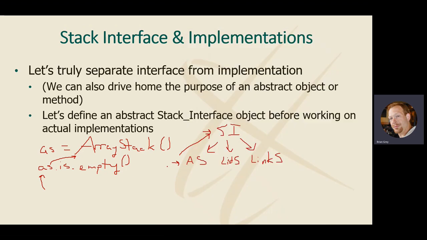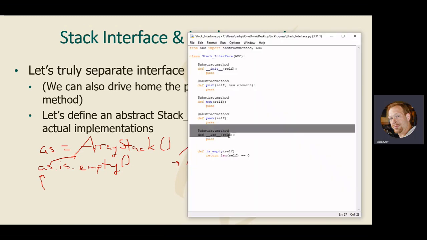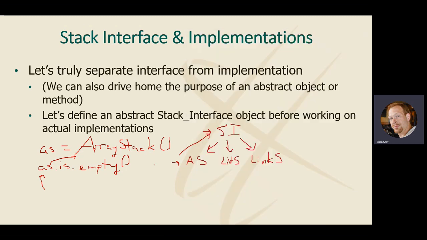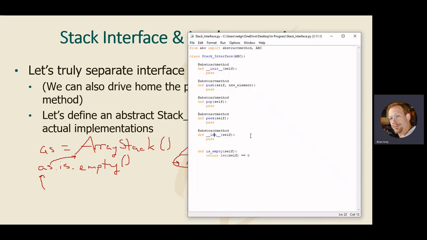Hey, AS, it's an array stack. Let's check that for a len method. Does that have a len method? Yeah, it has to, because we defined it here and we said it's abstract, which means that any class that inherits from this class must implement this method. If it doesn't, it won't work. Therefore, this class has to have the len method. And so that's the functionality that gets provided here.